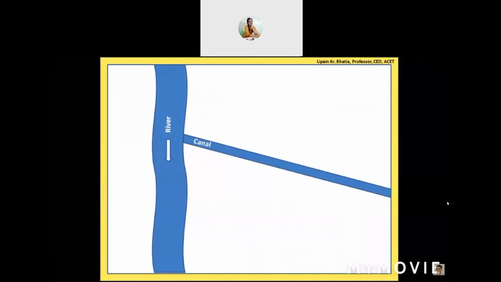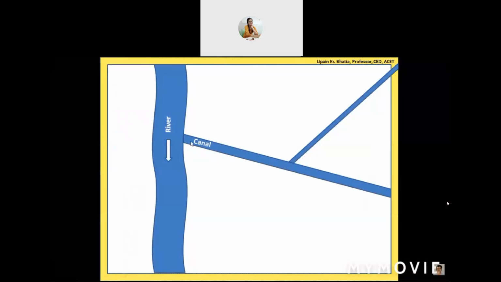We need to divert the water from canal to canal also. So we need to divert the water from this canal to this canal, and further from this canal to the next canal. Canal to canal diversions are all of similar nature, and the very first one is from river to canal. Thereafter, all the diversions will be from one canal to the other canal.